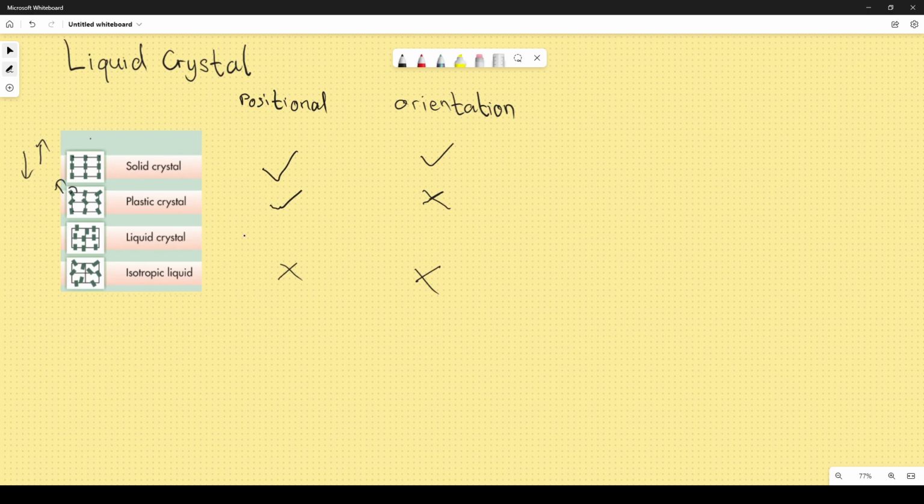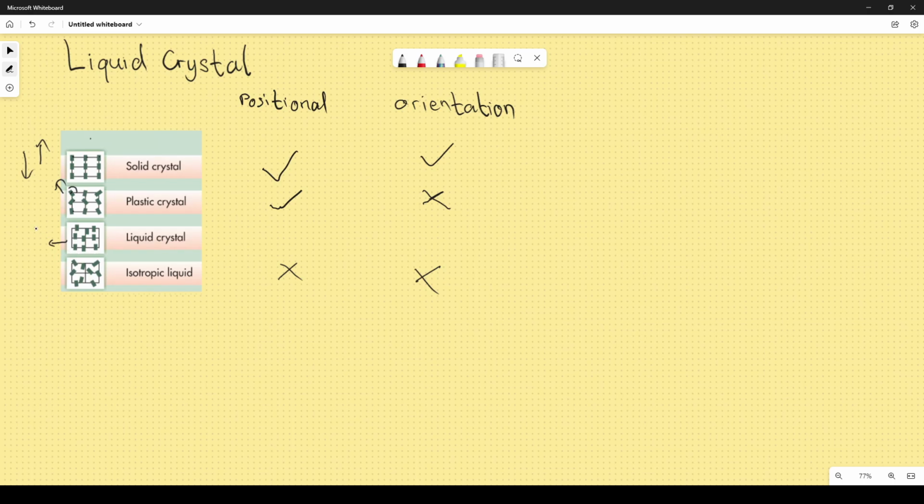And now we can go to liquid crystal. Liquid crystals, what's so special about them? First we are going to analyze this structure here. What can we deduce from it?